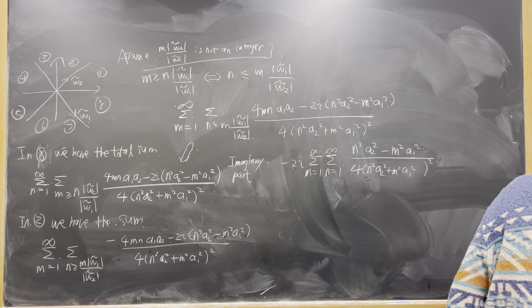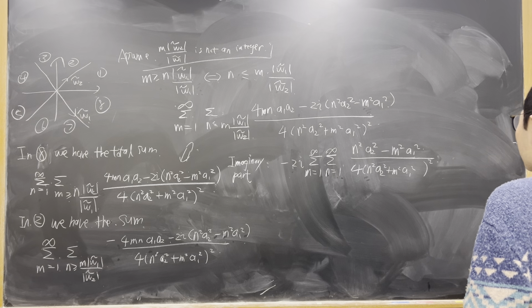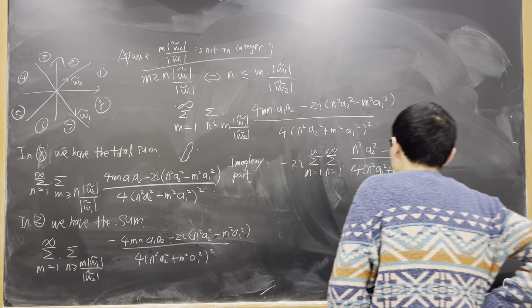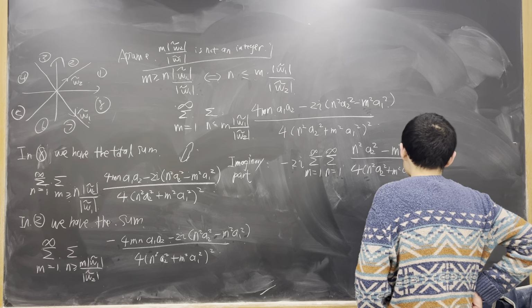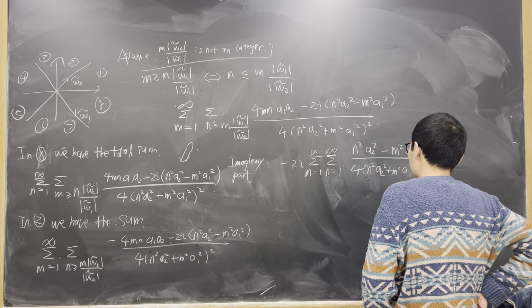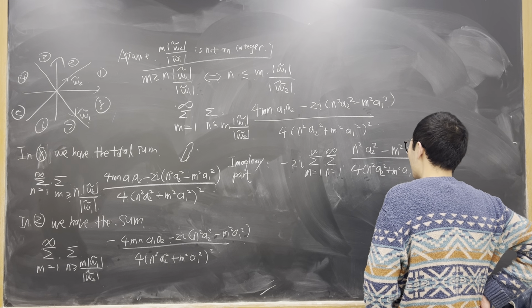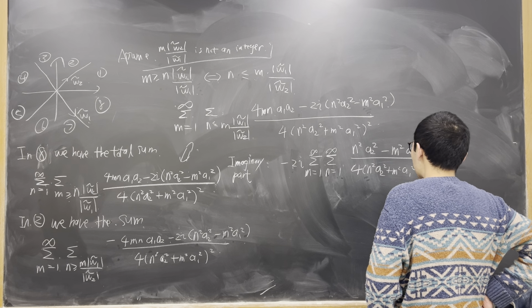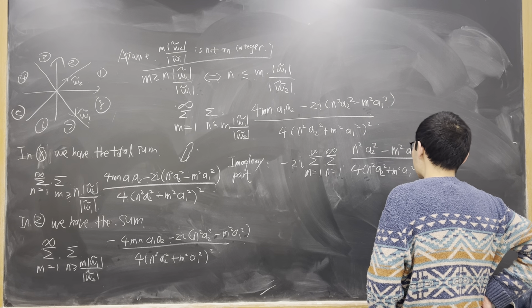I think for each m, it converges. But what about if this m is being summed? Will it still converge?